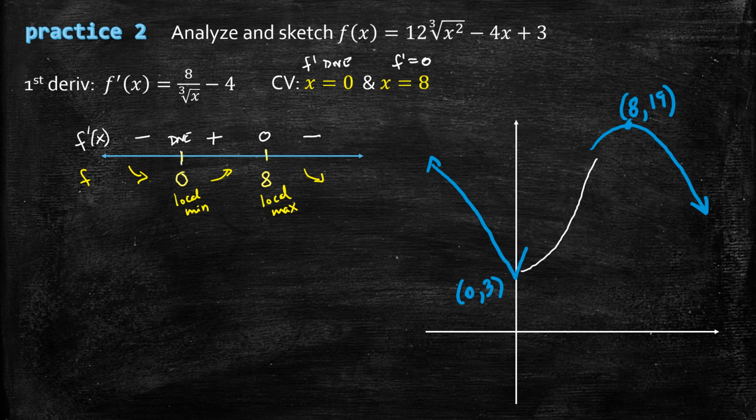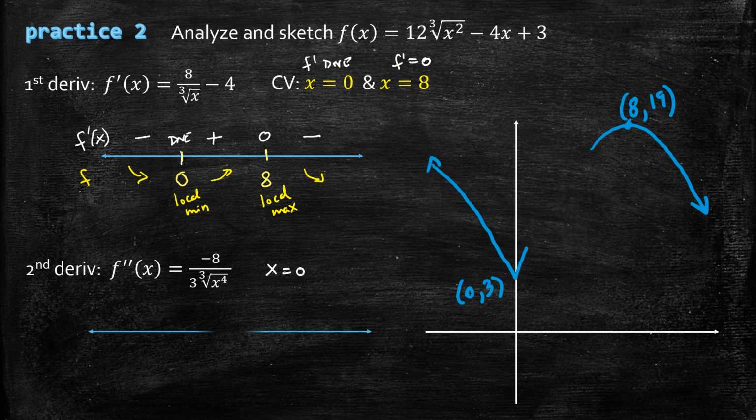So that is where the second derivative comes into play. Let's erase that, and here's the second derivative. You could prove that to yourself using the power rule again. And we see that with the second derivative, it seems like the only value for which it's undefined, it will never equal 0, but it's undefined at x equals 0.